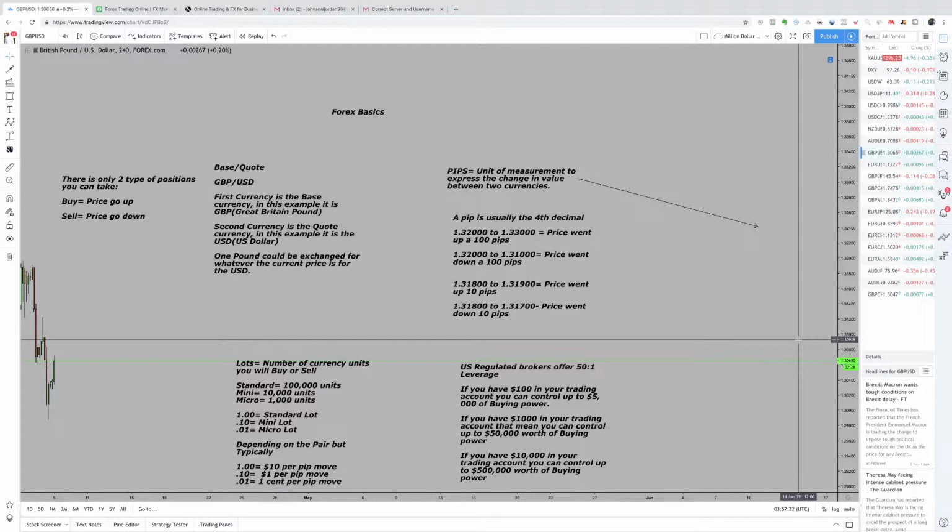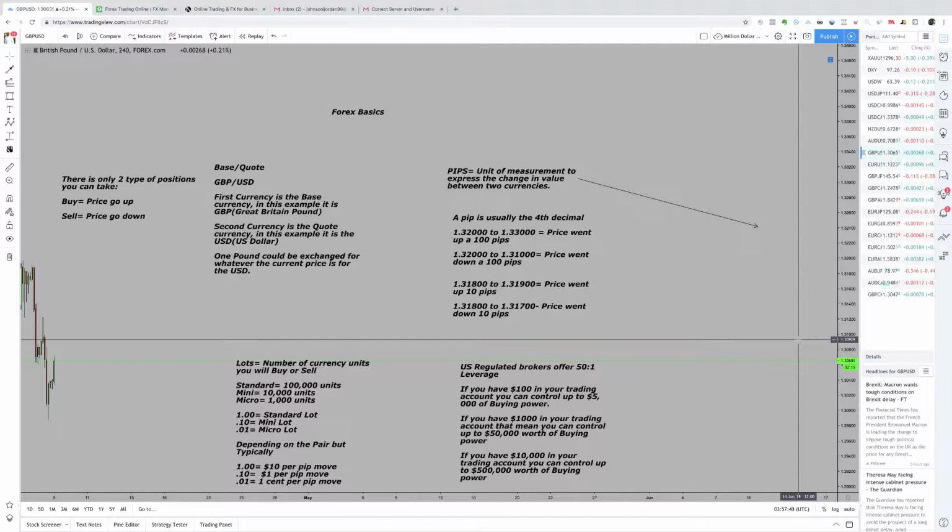So for example, if you were to travel to the United Kingdom, where they use pounds, and you were to exchange your US money to get some Great Britain pounds, you would actually lose money. You'll lose money because the pound is worth more than the dollar right now.